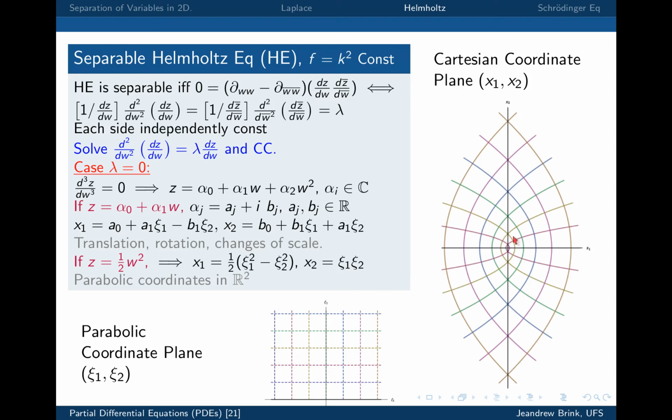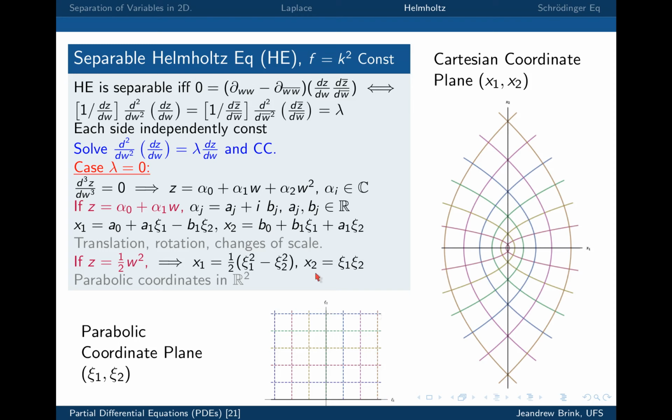Okay. So in the original Cartesian coordinates, for example, suppose you hold xi1 constant.